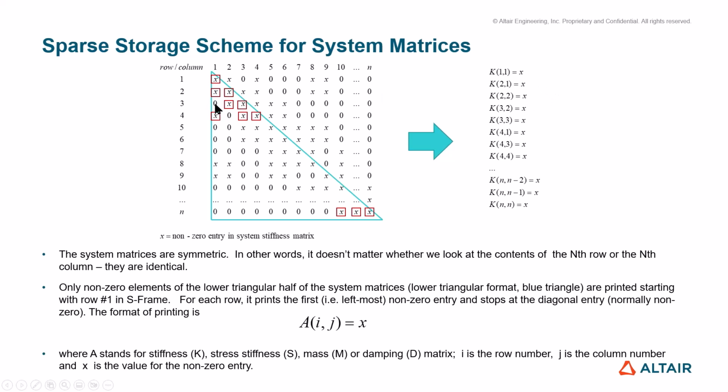Row number 3, you can see it begins with a 0, so we'll skip that, and we'll go to row 3, column 2, and we'll enter the value there, and so forth. And this is used not only for the stiffness matrix, but for the mass matrix and the stress stiffness matrix as well.